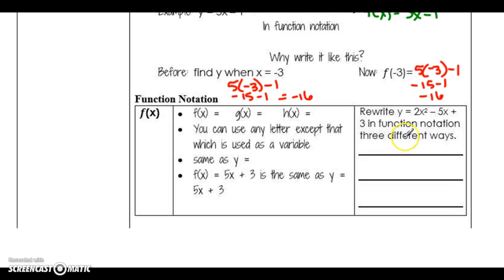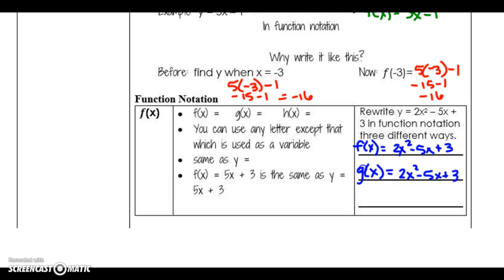So let's go ahead and write it in 3 different ways. I'm going to write it in 2, and you can go ahead and write it the last way however you want to. For the first one, I'm going to use f of x equals 2x squared minus 5x plus 3. And then another way to write it would be g of x equals 2x squared minus 5x plus 3.